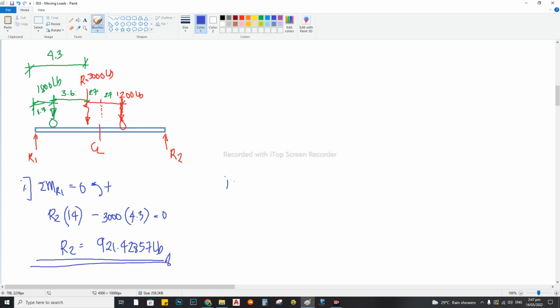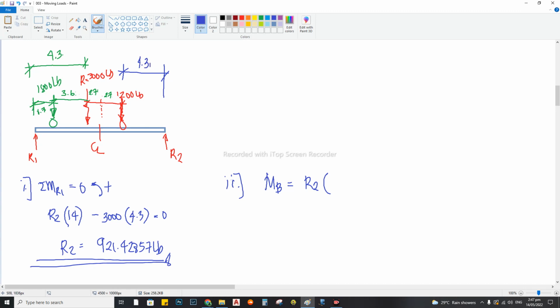So if we cut the beam at load B, so itong bending moment at load B is equal to reaction 2 times yung distance. So ilan man yung distance ani? So ang load B ay ang distance from reaction 2 is still 4.3.